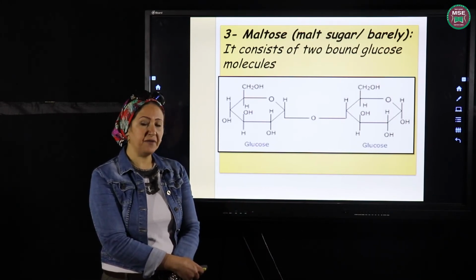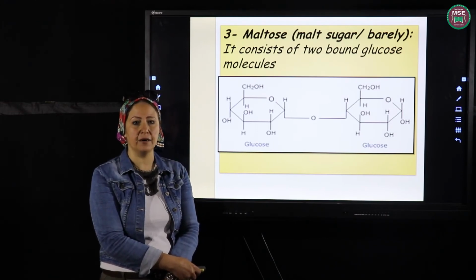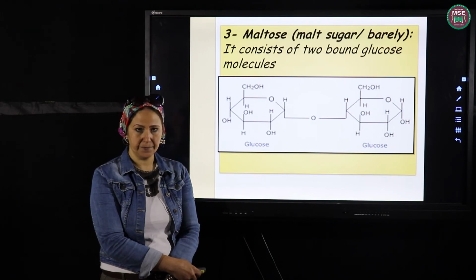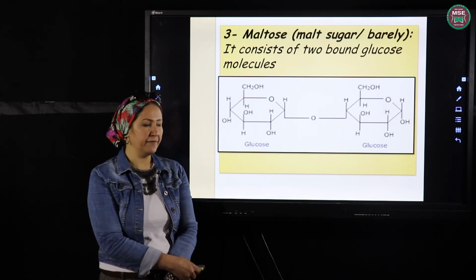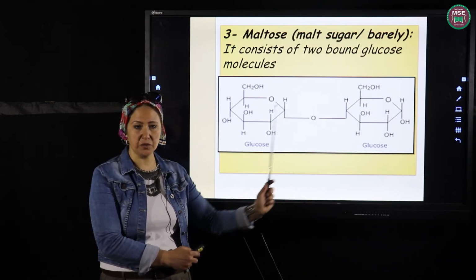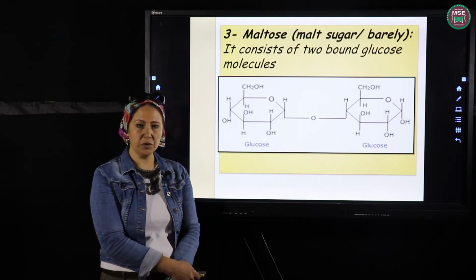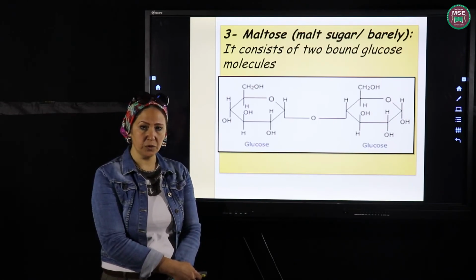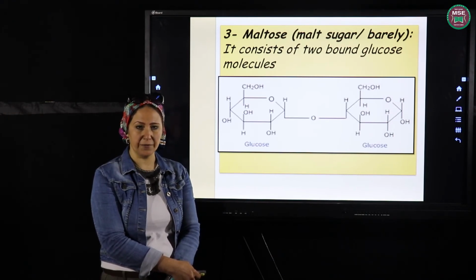So there is a very important point here if I want to calculate the chemical formula of one of the disaccharides. You have to know that the bond that forms between 2 monosaccharides is called a glycosidic bond. During the formation of this bond, there is only 1 water molecule released outside.